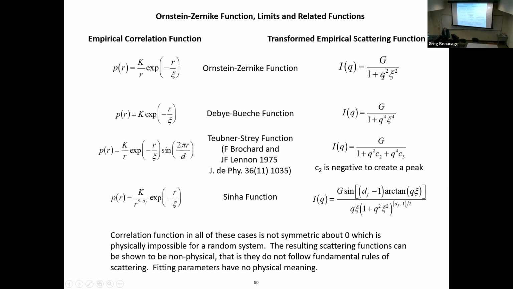Though they did name this function after them, Beaucage came up with this, and it's the same function as this, except you get rid of the R, and you come out with Q to the -4, like Porod's law, which would be the surface to volume ratio at high Q, the G thing here. But this again doesn't match reality.